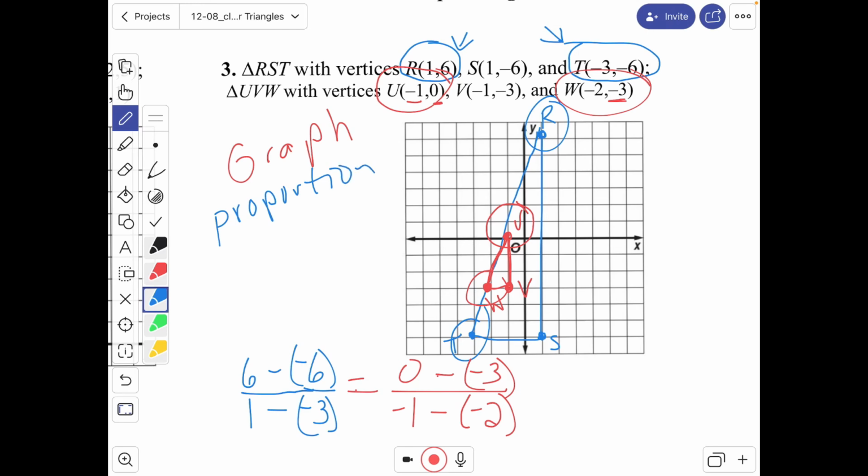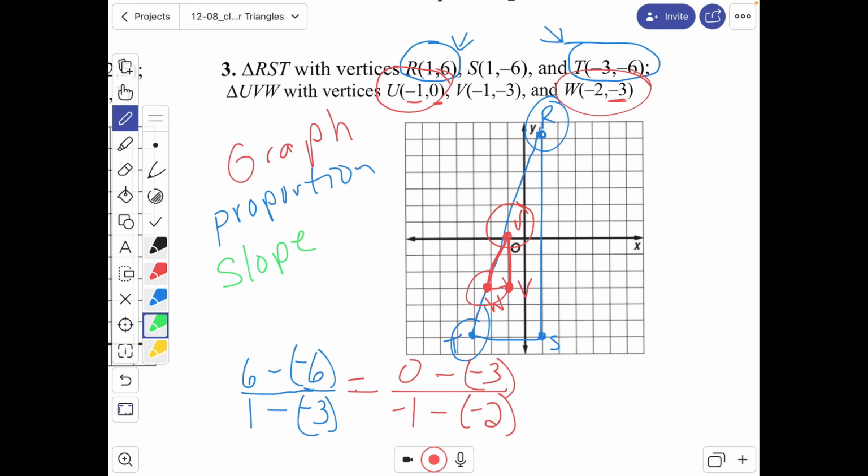So first you have to graph it, then you write a proportion, and then you find the slope. And you find the slope by solving one of those fractions that you just set up. It doesn't matter which one you solve because they are the same, they are equal. So I'm just going to solve this red one over here because it's on the end. We need to use the rules for subtracting integers.